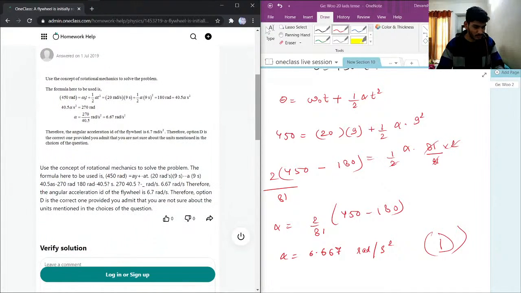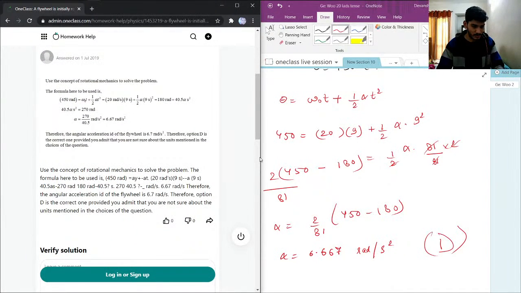The answer provided by the tutor is the same one. Therefore the angular acceleration of the flywheel is 6.7 radian per second square.